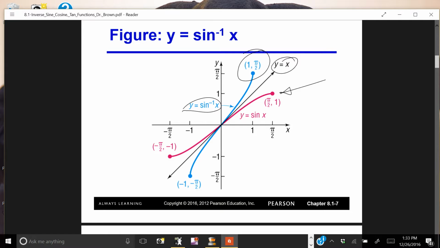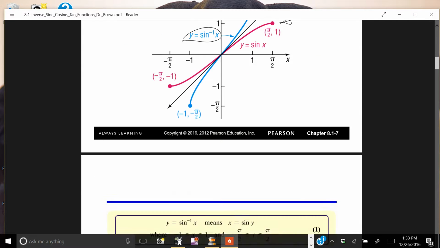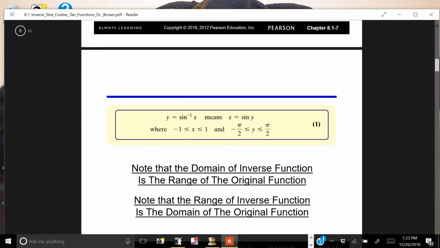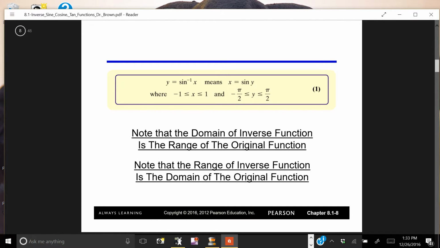Now that we know the graph of the inverse function, we can say that y is equal to the inverse sine of x. That means that x is equal to the sine of y.